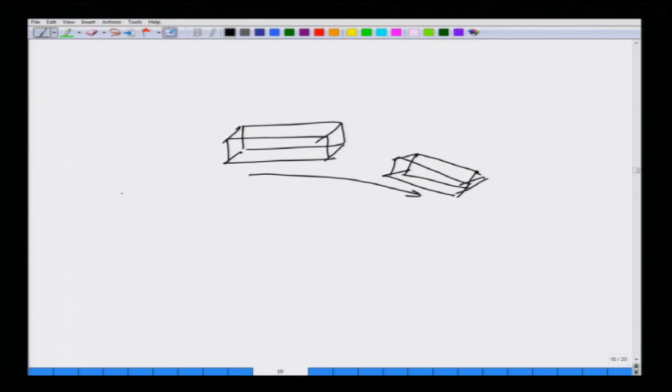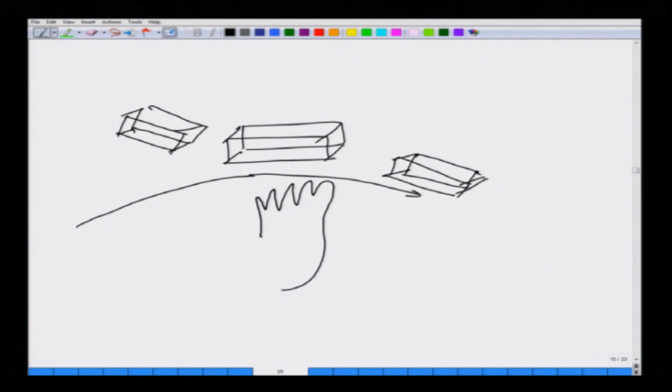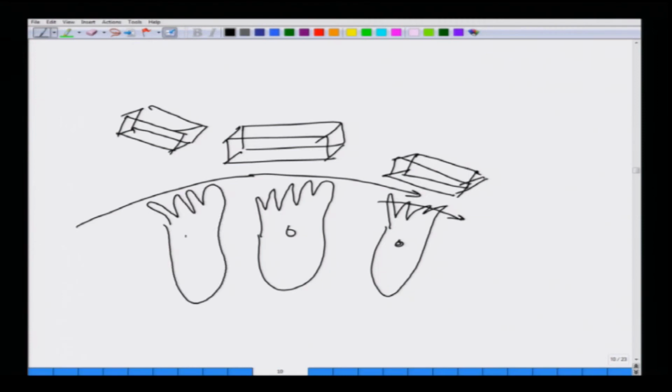Or it may attain a shape like this, and underneath this is the normal situation. Now, here you can understand these cells will tend to move like this, or these cells will tend to move like this, depending on the position of those small nano cubes which are present there.